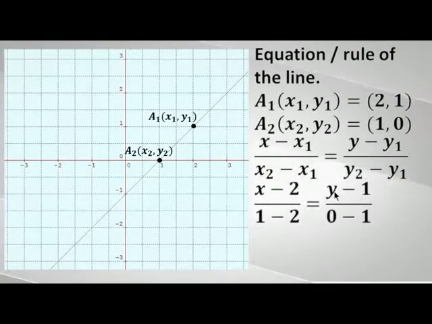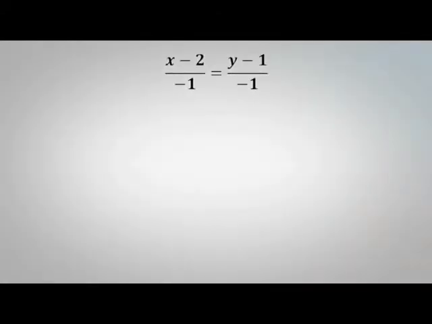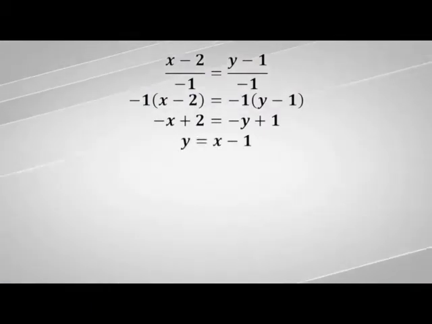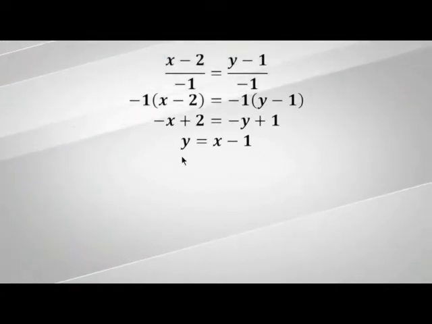And then we get x minus 2 per 1 minus 2 equals y minus 1 per 0 minus 2, which equals x minus 2 per negative 1 equals y minus 1 per negative 1. After we find this number, we simply need to cross multiply. This number multiplies to here and this number multiplies to here, and we'll find that negative x plus 2 equals negative y plus 1, and the equation is y equals x minus 1. This is the equation of the straight line before.